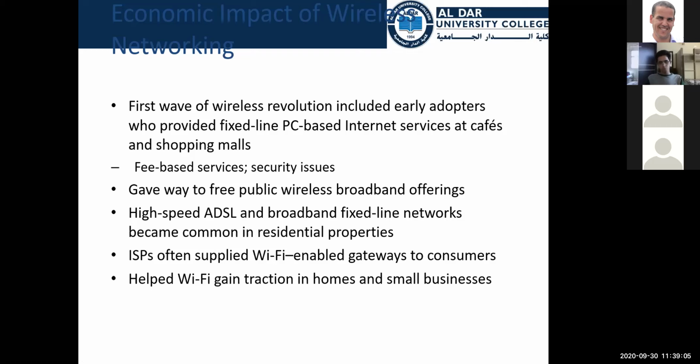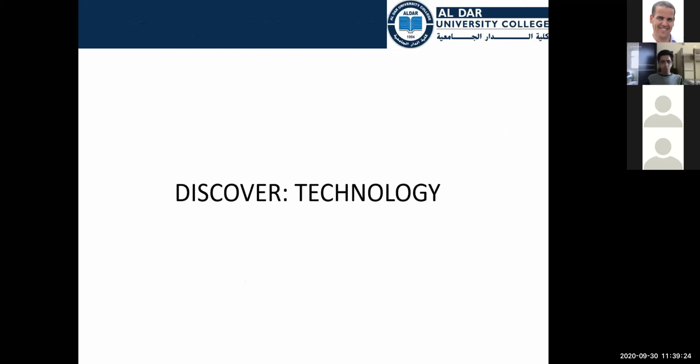If you want to apply for ADSL, you take a wireless router, actually. At the beginning, they started to give not a landline router, but a wireless router too. So the Wi-Fi was embedded into the routers from the ISP companies.